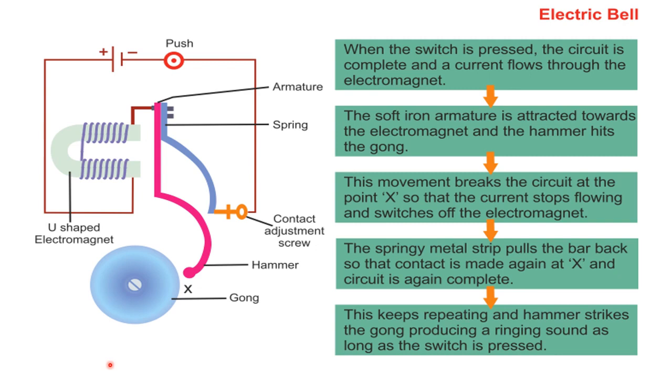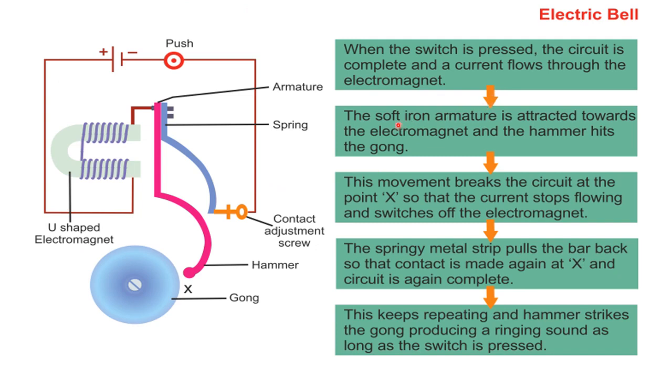Once again, let us quickly reiterate how an electric bell works. When the switch is pressed, the circuit is complete and a current flows through the electromagnet. Students, keep on looking at the components of this electric bell as shown here.